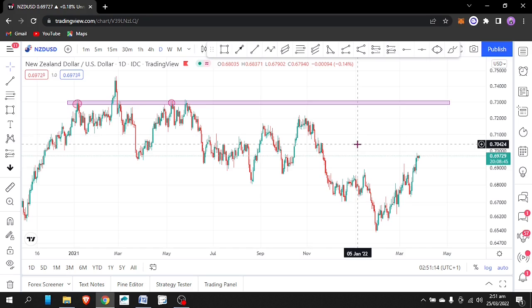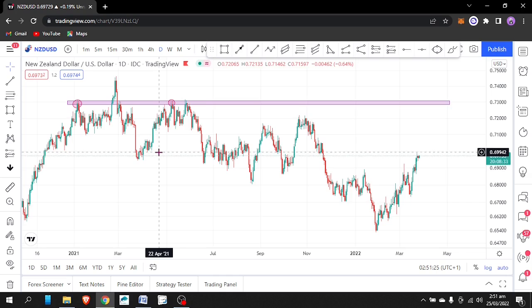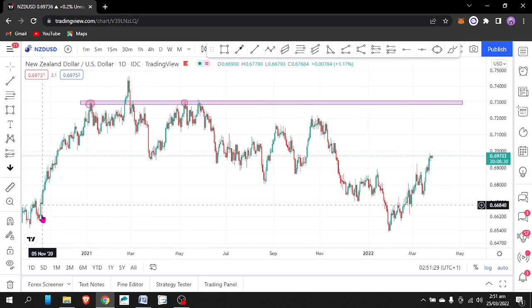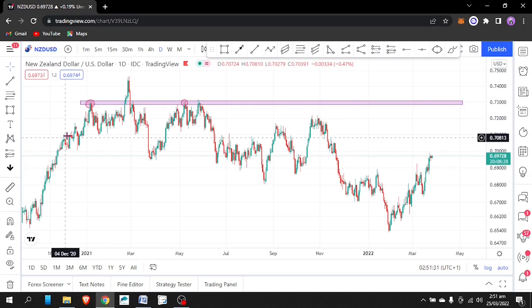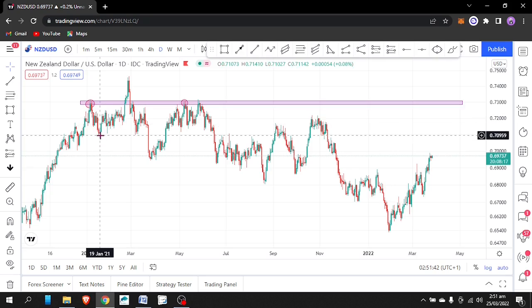Now, I explained to you that resistance is a zone where sellers overcame buyers. Now, as you can see, price was pushing higher. It was pushing higher. When it reached this zone, the sellers overcame the buyers for a little while, and then they pushed price below to this point.